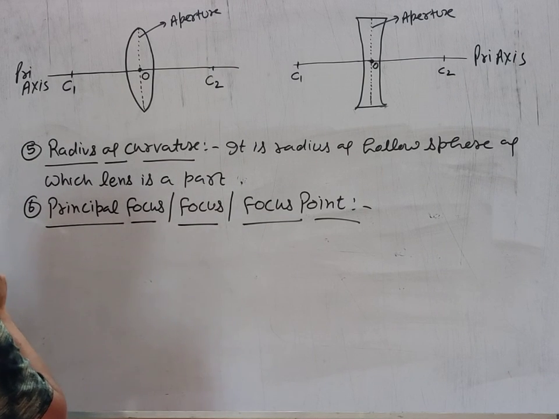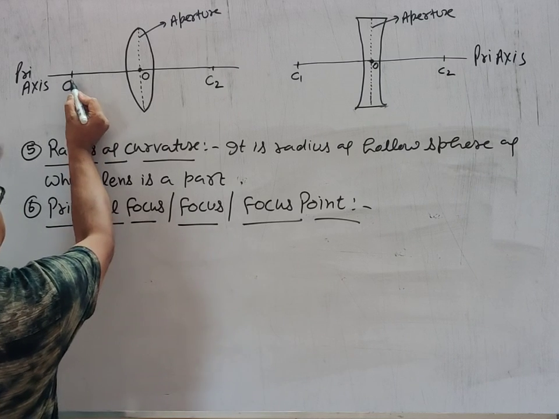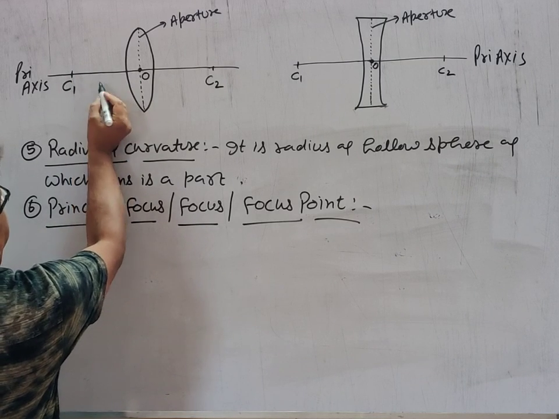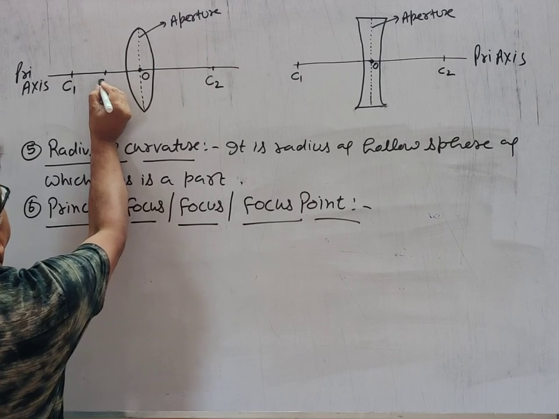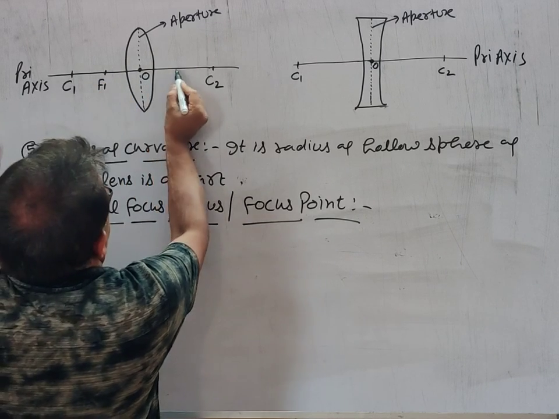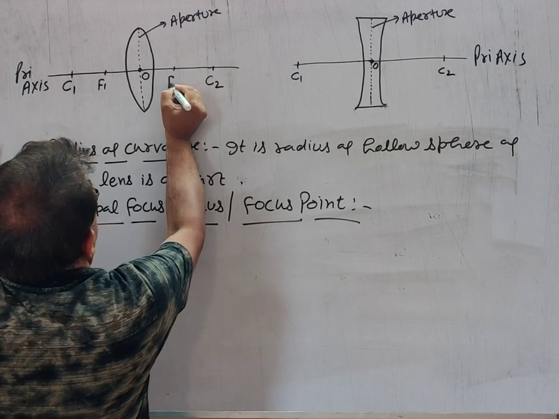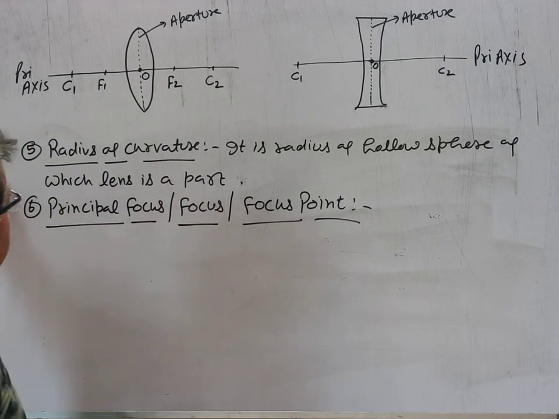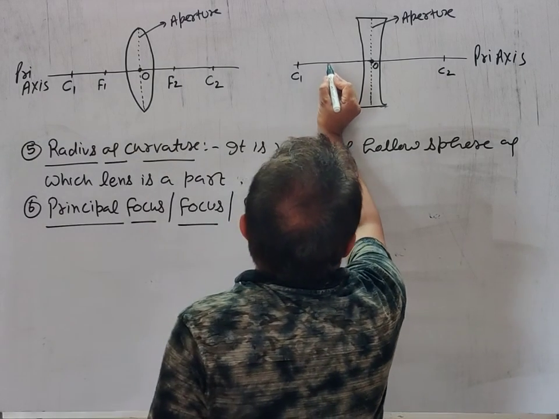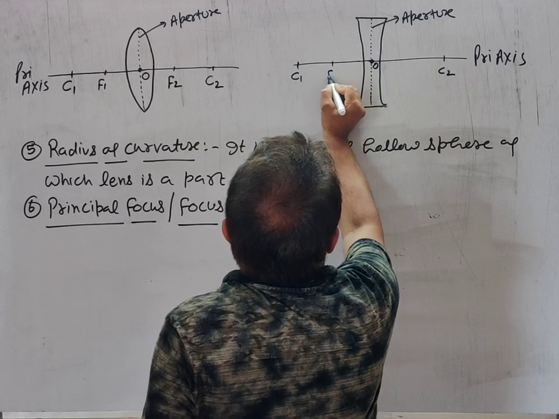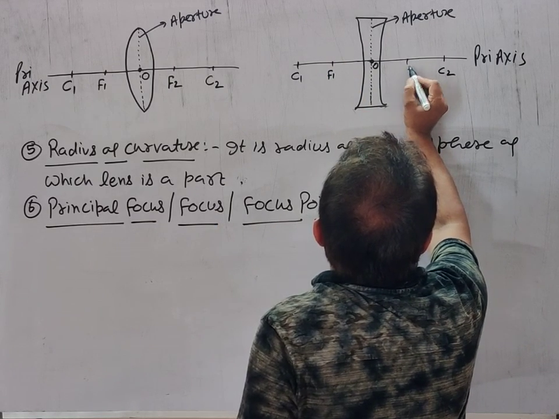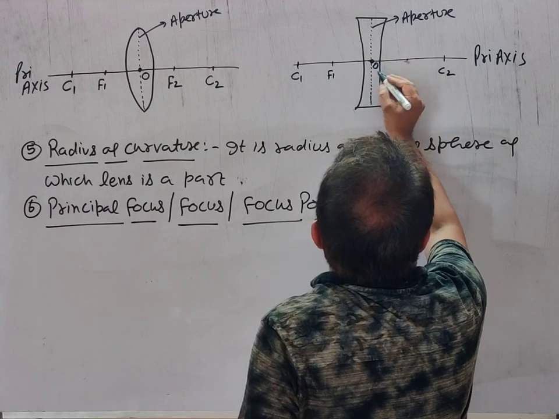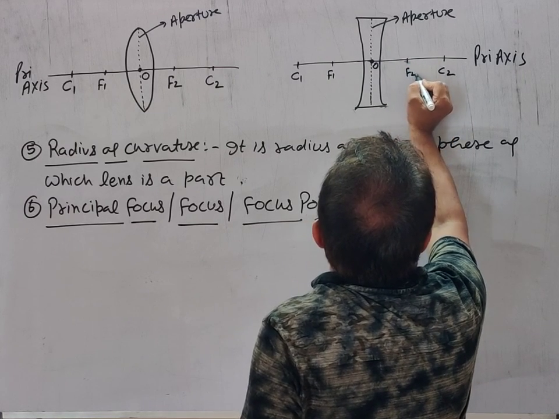Here it is in the middle, so we measure distance from here. In the middle it is f1 and on that side it is f2. That is, there are two principal foci. Similarly here, in the middle f1 and f2, distance should be same.